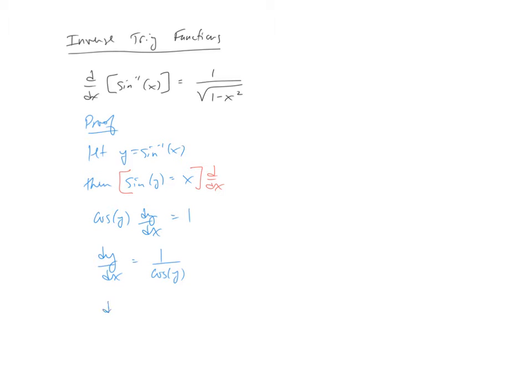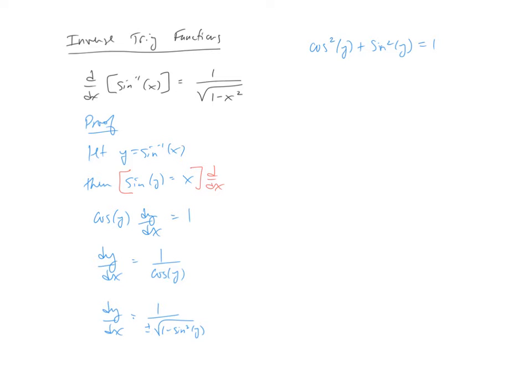So if I solve that Pythagorean fundamental identity, cosine squared plus sine squared equals 1, for cosine, I'll subtract the sine squared, and then I'll square root both sides. I'd end up with a plus or minus the square root of 1 minus sine squared y.